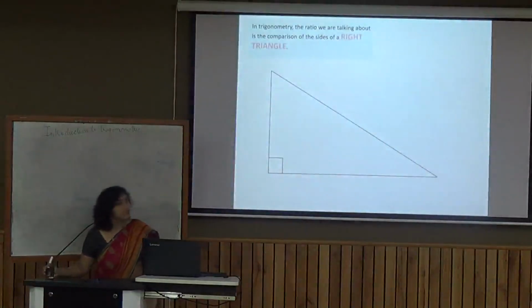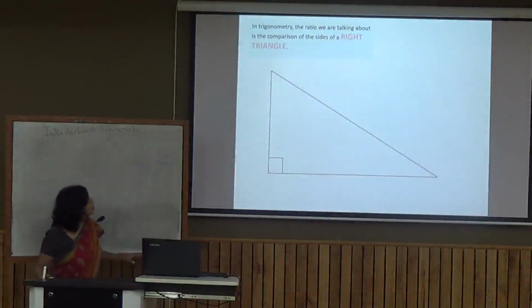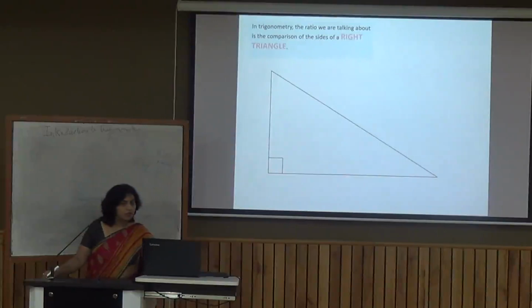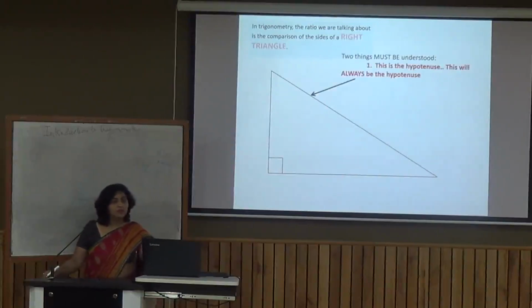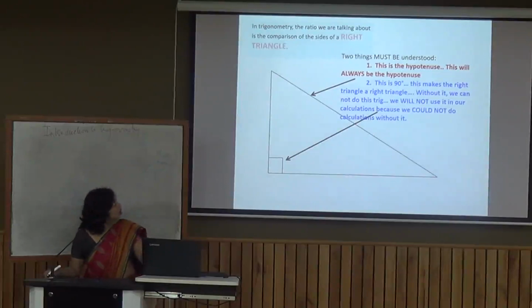So let us consider the right angle triangle. The side opposite to 90 degrees is always the hypotenuse.